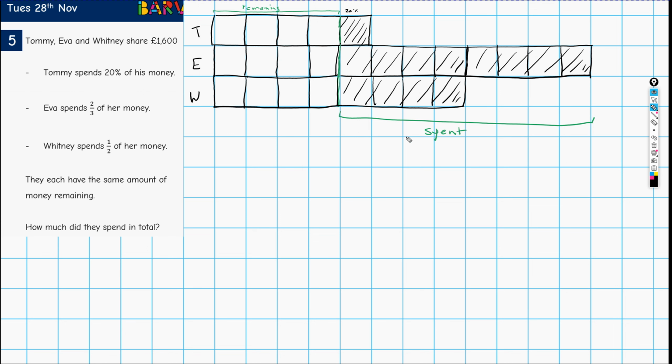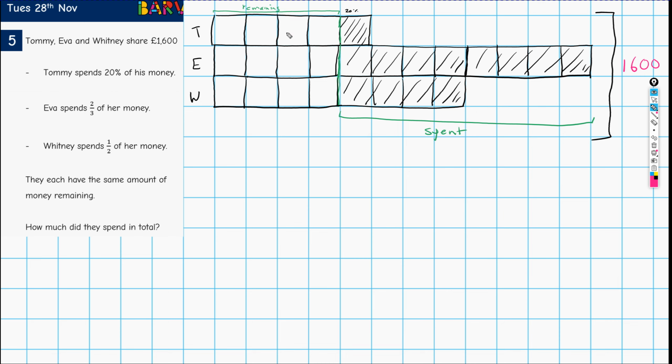So how can we figure out what all of this is worth? Well, we know that the whole model is worth 1,600, so we're going to put that in. What we need to do is divide 1,600 by how many parts we have.